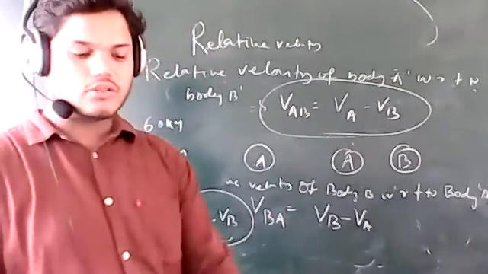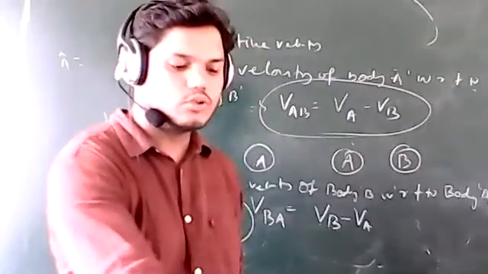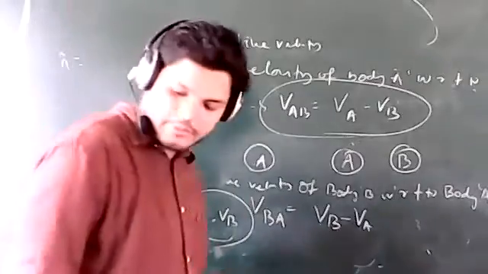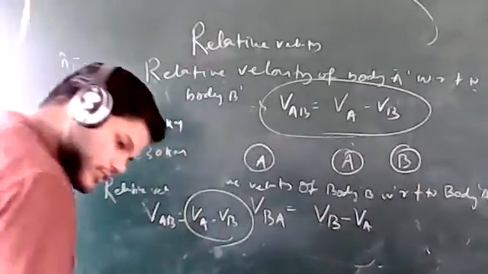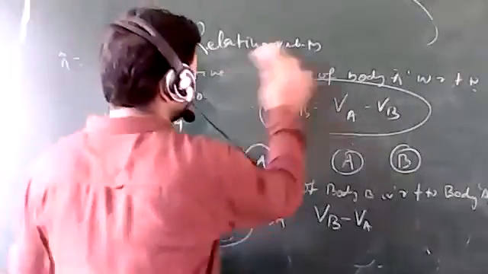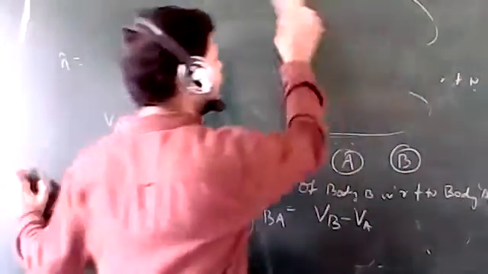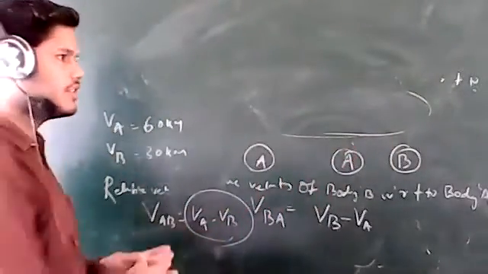Also, if two trains or two bodies have a constant velocity, that means the same velocity, how will the formula change?